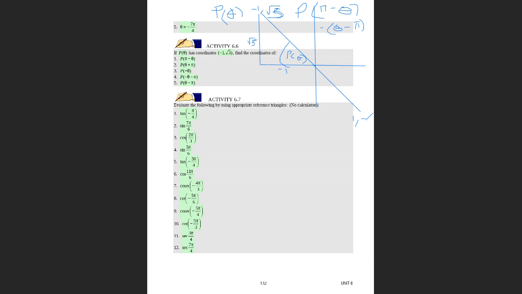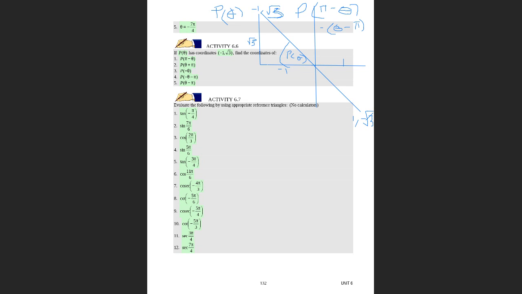Because here will be the positive side, here will be the negative side.